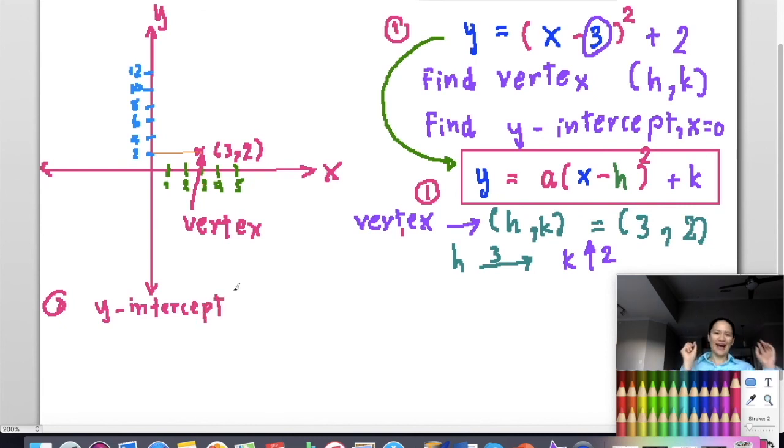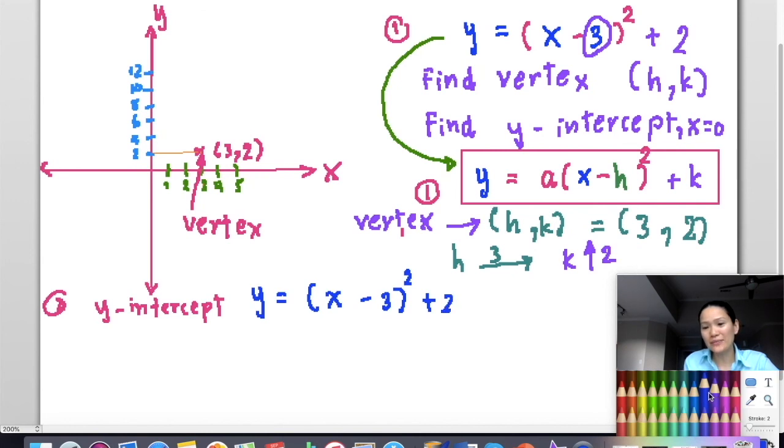And we know that x has to be 0. So from this equation, y equals (x minus 3) squared plus 2. But I know that y-intercept means it cuts the y-axis, so x has to be 0. So I substitute 0 here.